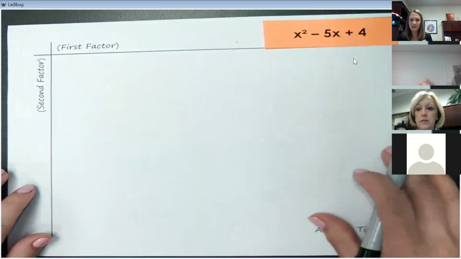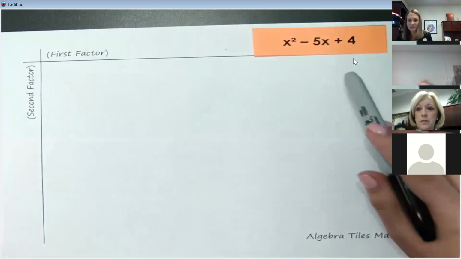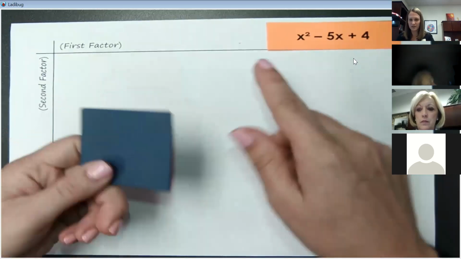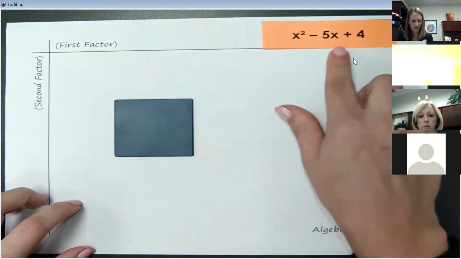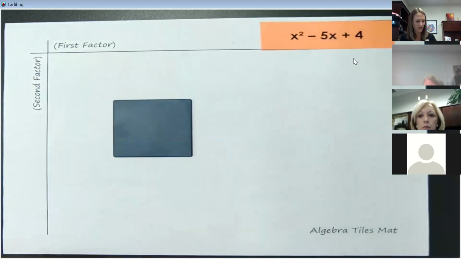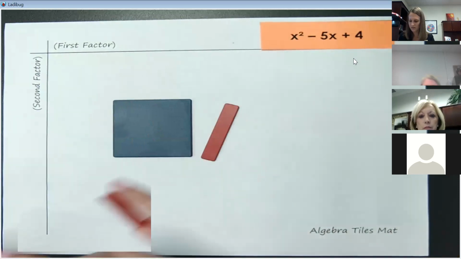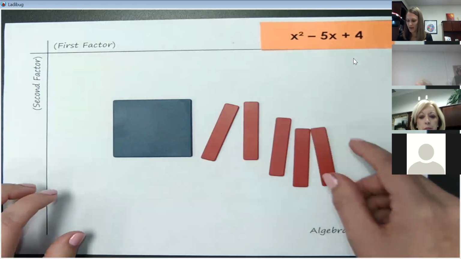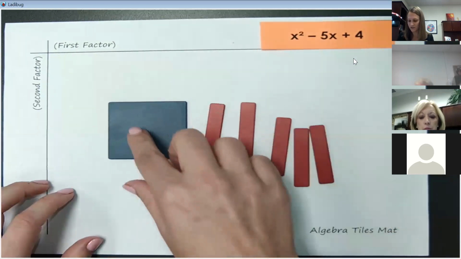All right, so we've got x squared minus 5x plus 4. So if you have your algebra tiles, I want you to start to set up what do we know? We know we have x squared, all right, and you've got negative 5x, so I have 5 negative x tiles. And again, as you have questions, please feel free to ask or use that chat feature.